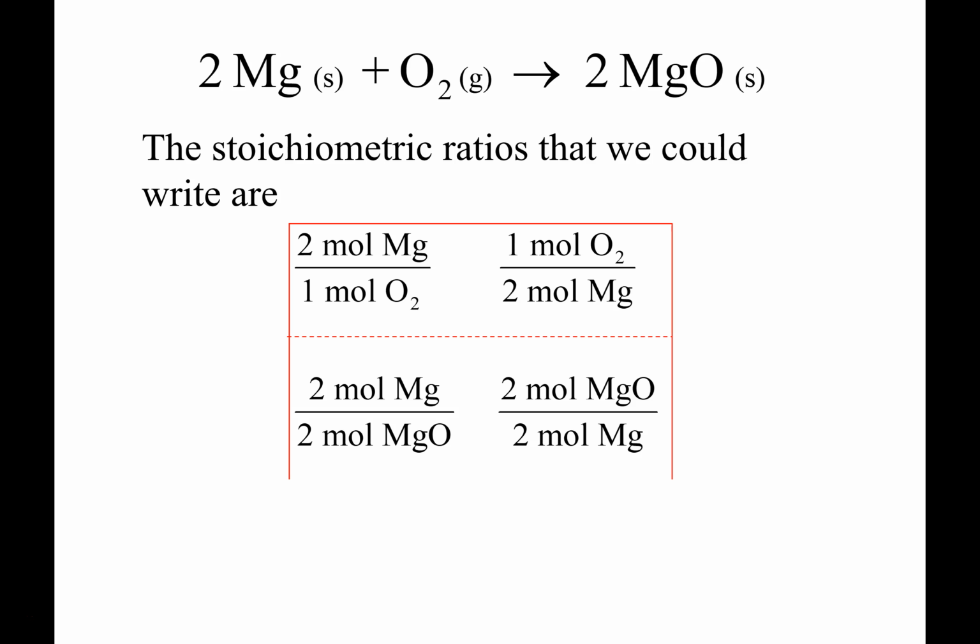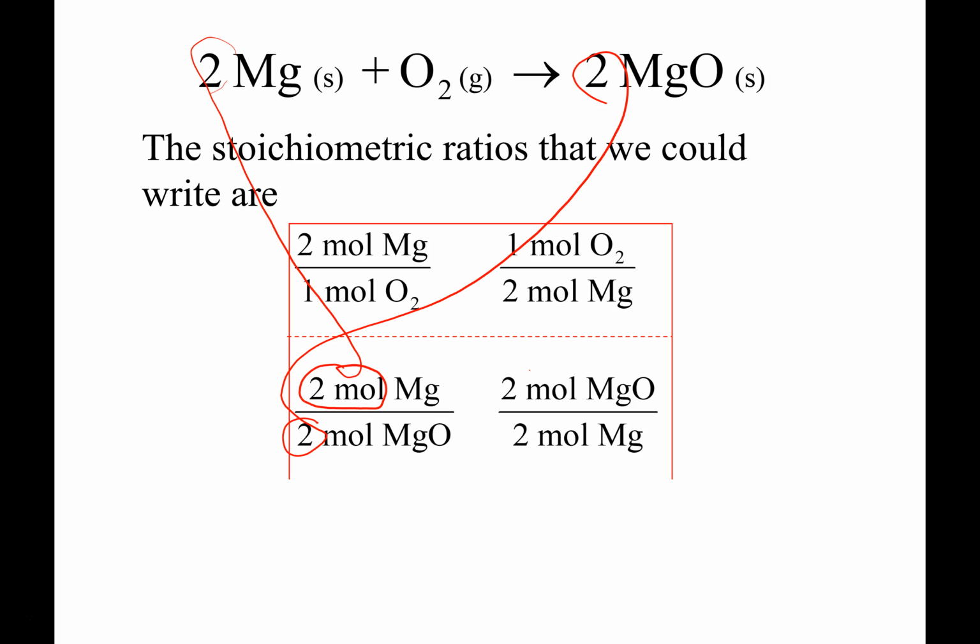But I like to leave it just like this, because it emphasizes that this 2 came from here, and this 2 came from here. So all these ratios are doing, and again, we're not using them, just showing the possible ratios with these 3 things: 2 reactants and 1 product.